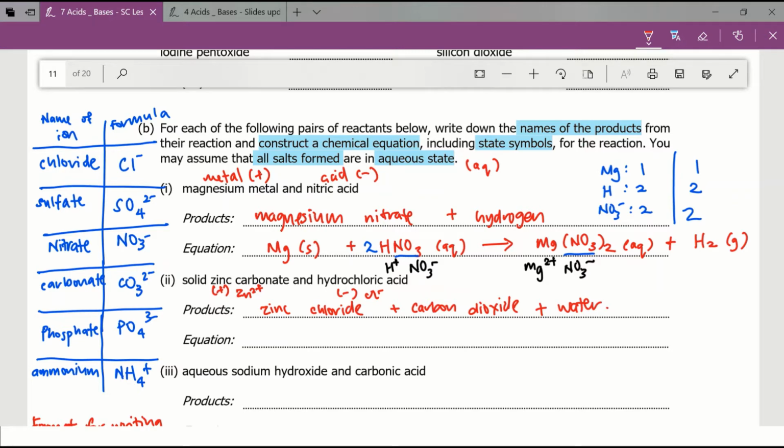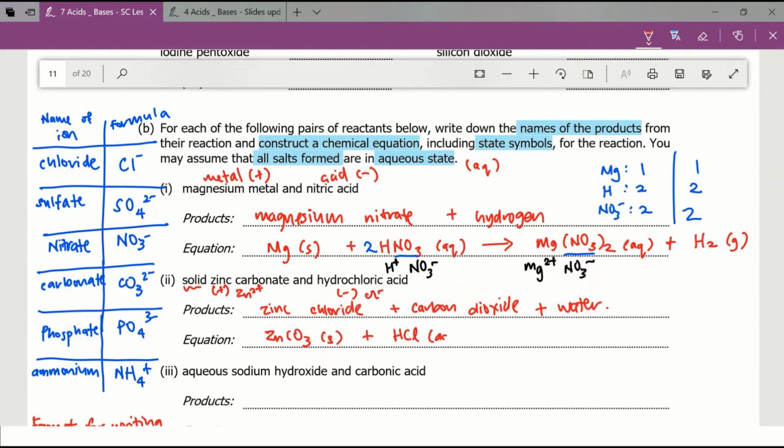So to write down our chemical equation, zinc carbonate has a formula of Zn2 plus, and carbonate is CO3 2 minus. So the formula should be ZnCO3. This is solid, so that's (s), plus hydrochloric acid is H plus and Cl minus, so it is HCl.